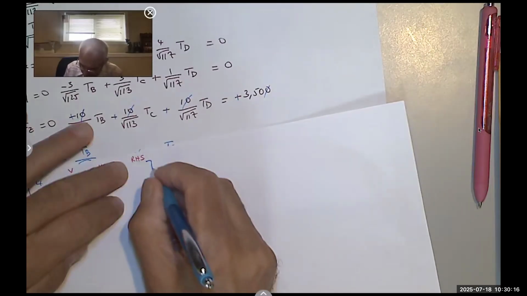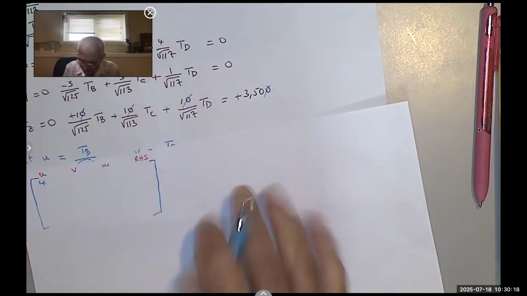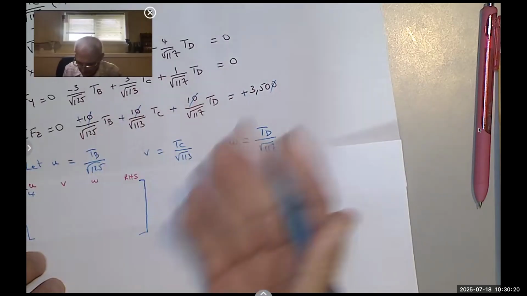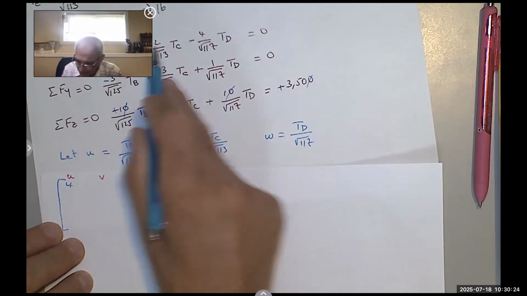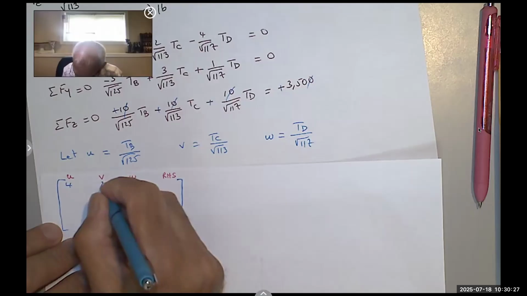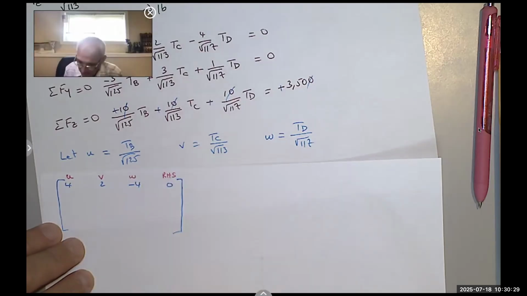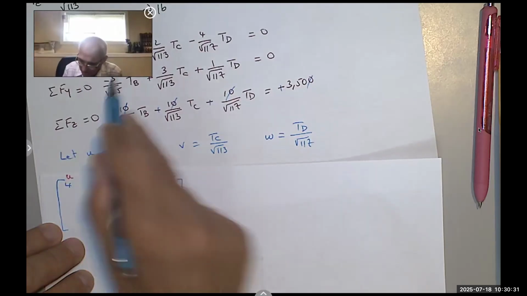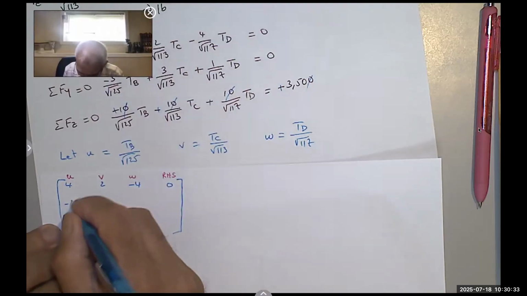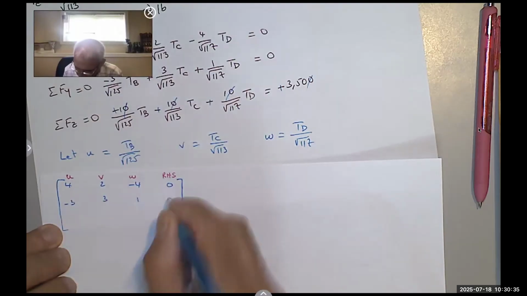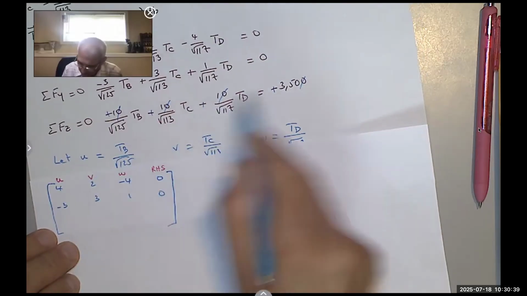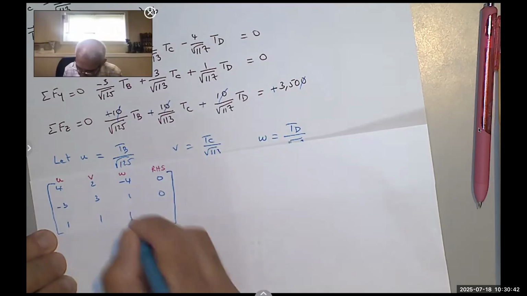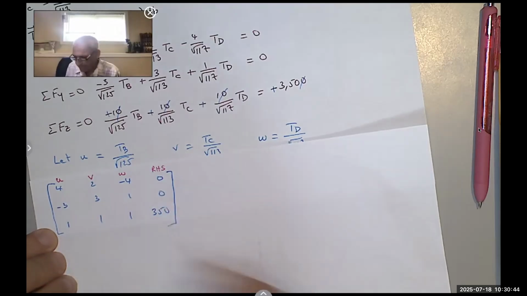I'm just in the beginning trying to show you what each column means. I have 4, 2, negative 4, 0. Then I have negative 3, 3, 1, 0. And finally, I have 1, 1, 1, 350.